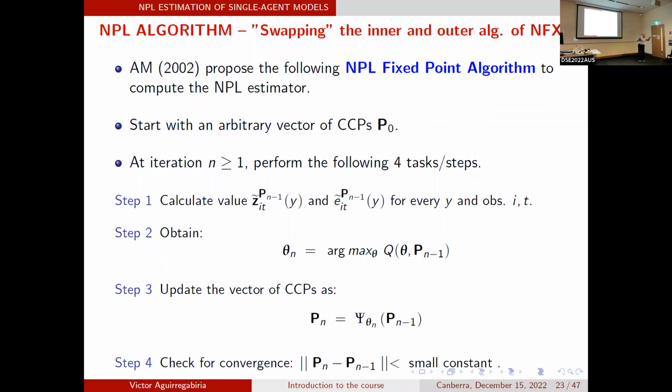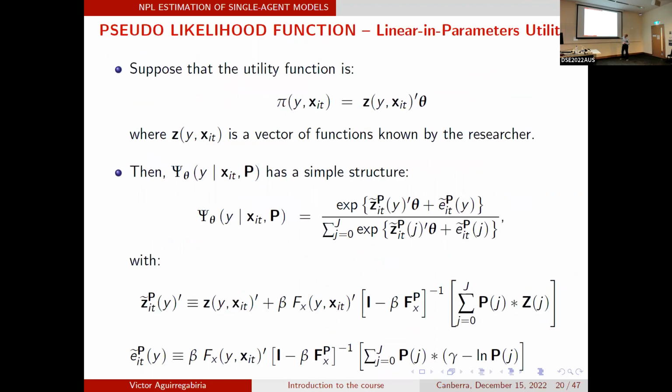That's the only way in which we might not get the contraction property. Through these small changes in P, they might generate very large changes in Z tilde and E tilde, and could generate very large changes in theta, that invalidate the contraction property.